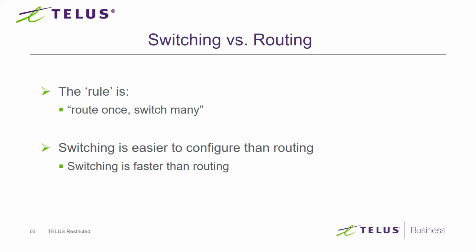Somebody ran their chair over a Cat5 cable in a computer room while they were changing a server, and suddenly the network is slowing down because of a bad cable, because of a flapping port. That's a port that says, hey, I'm available. No, I'm not. Hey, I'm available. No, I'm not. And it just keeps doing that, up and down, up and down. Not a good thing. But switching is definitely faster than routing. So what we say is live by that rule: route once, switch many.